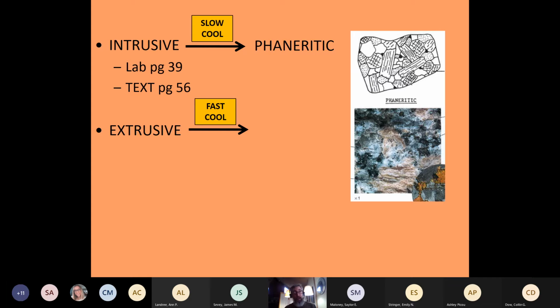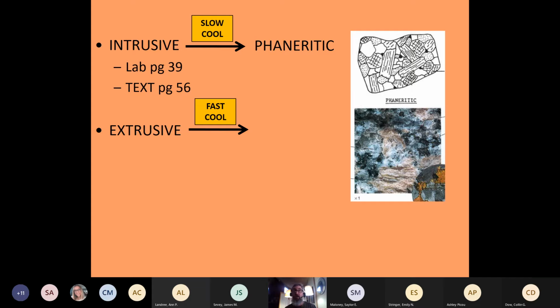We still have mineral grains. We still have crystal frameworks where atoms are bonded with each other, and there's still room for more atoms in there, but there's a lot less time. So those minerals simply get solidified and atoms get frozen into place before they've had a chance to grow large grains.